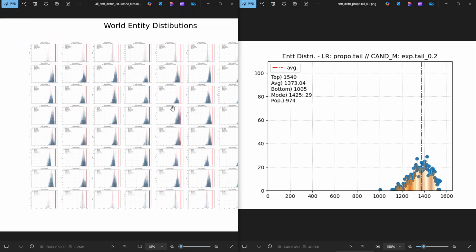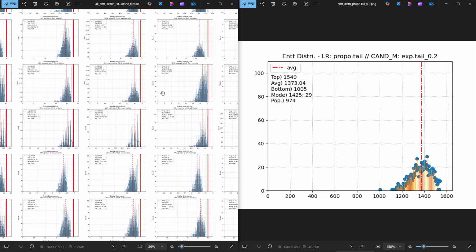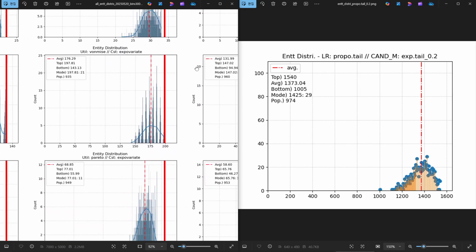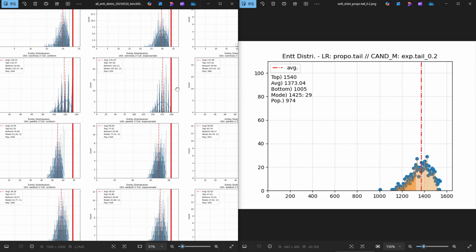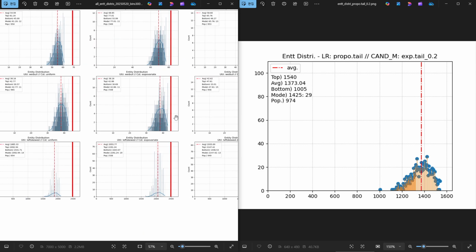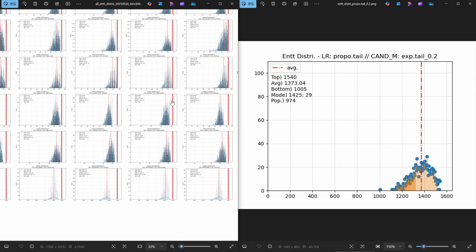Yeah, so it's quite apparent that that is about the most interesting thing here: the distance between where the head entity is and the red line.